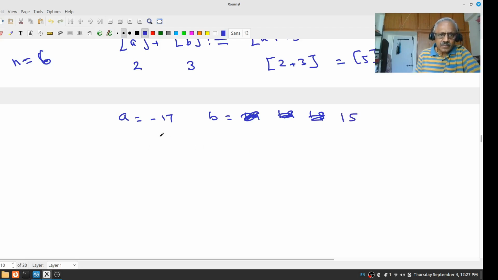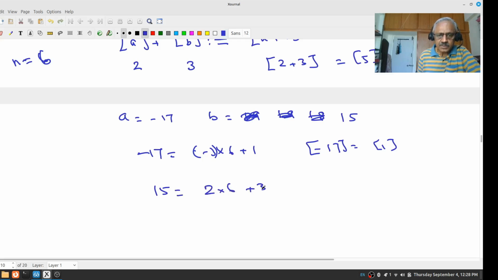Now, what is A? If A is minus 19, then this is minus 17. I can write minus 17 as minus 3 times 6 plus 1. Therefore, minus 17's equivalence class is same as 1, right? And 15 is 2 times 6 plus 3.